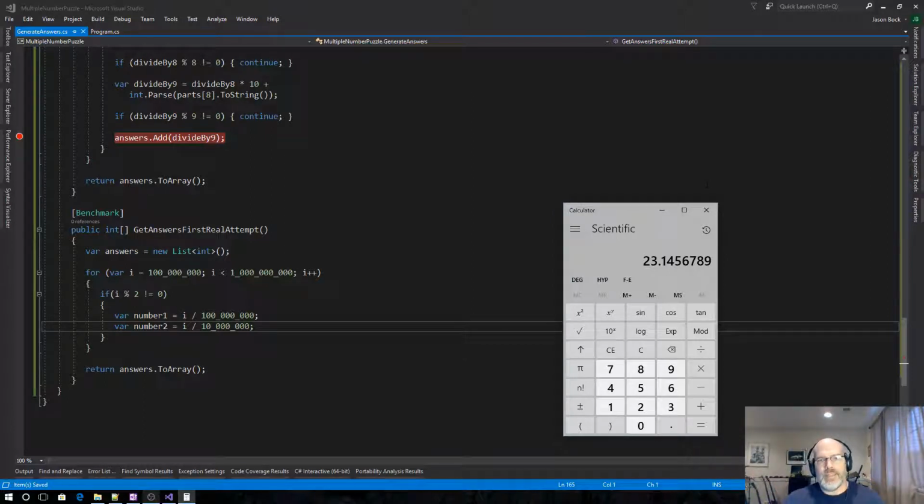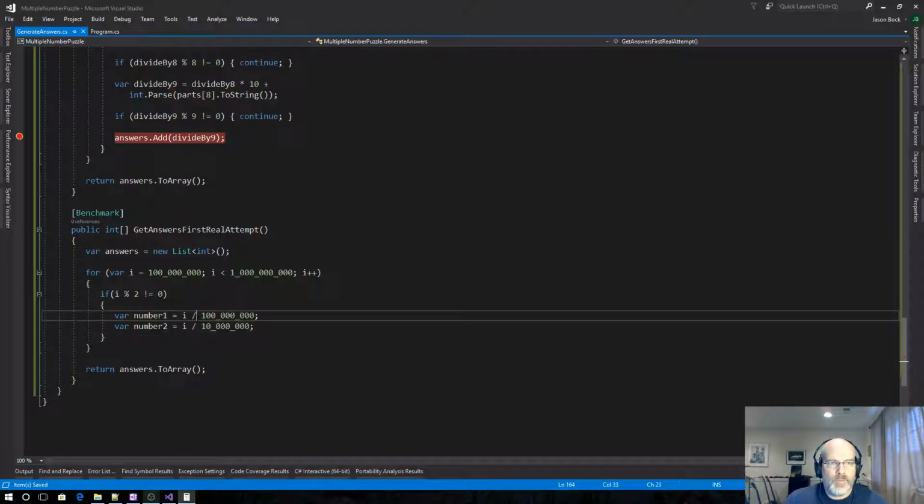But then what I need is the lower number, right? And what's the most efficient way to do that?